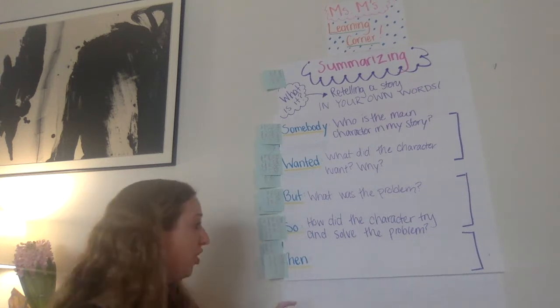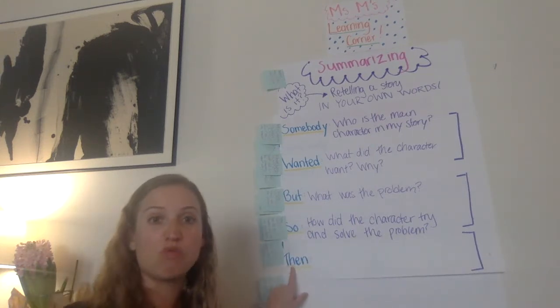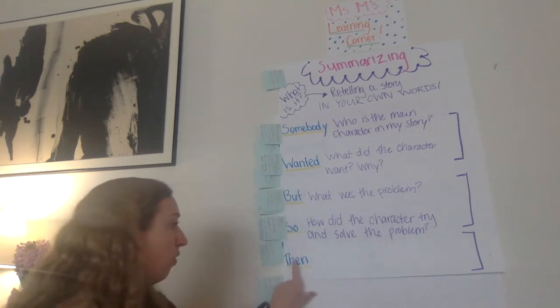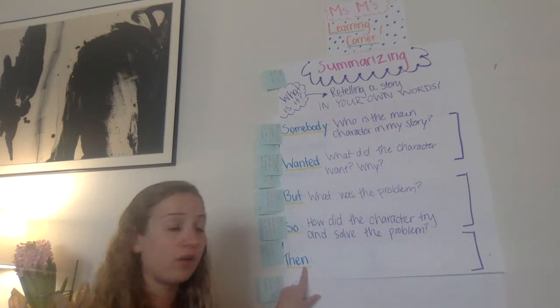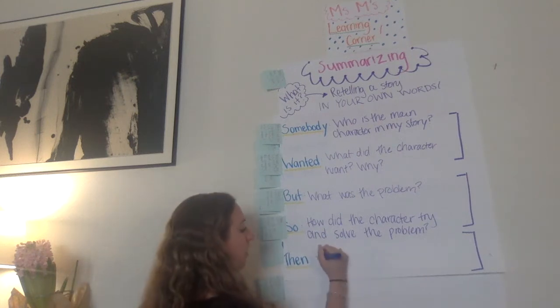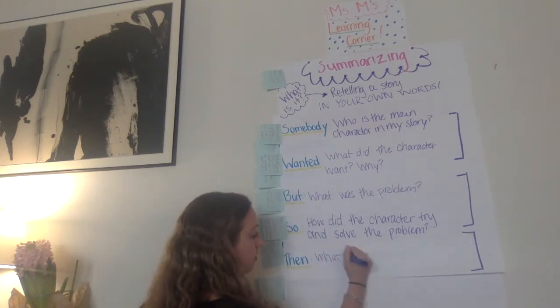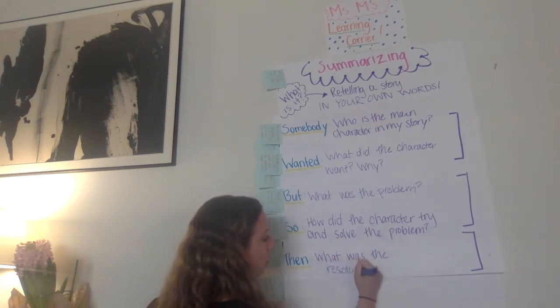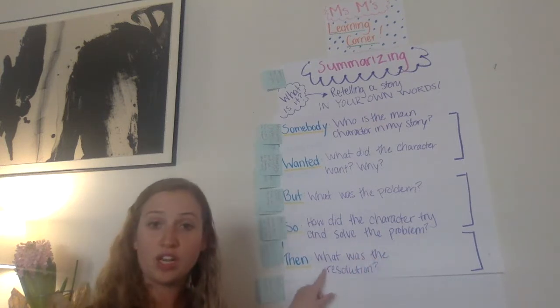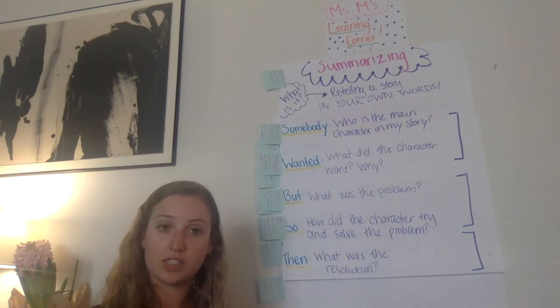And last, you're going to use the sentence starter, then. You're going to wrap it all up into a nice neat bow. When you're on your sentence then, you're answering the question, what was the resolution? Resolution is a word that we used a lot in our fantasy writing.